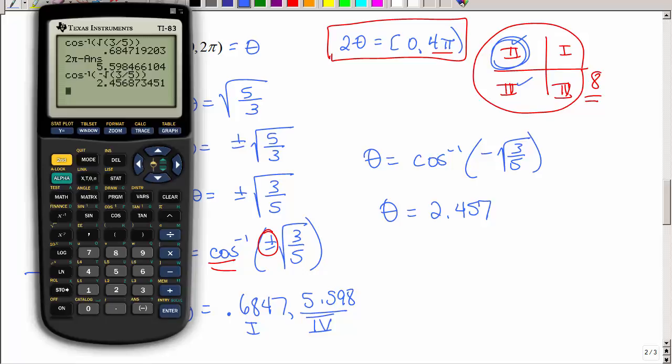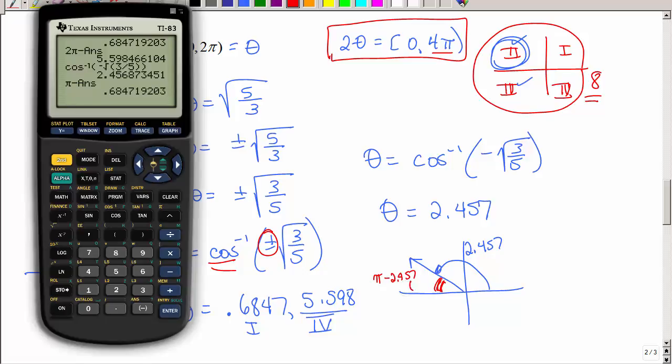That's a little bit tougher. Okay, so let's just kind of look. So this is an angle of 2.457. I really need to know what my reference angle is. So if I say pi minus 2.457, that's going to give me this angle. That's my reference angle of 0.6847. That's the same as this angle down here. Does that look familiar? It should.